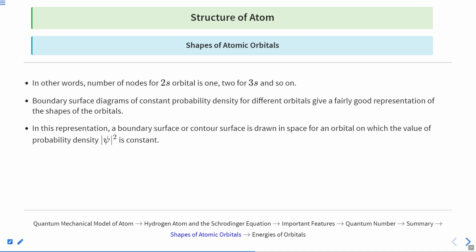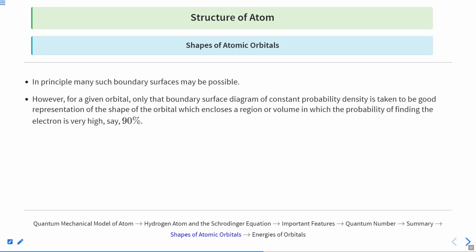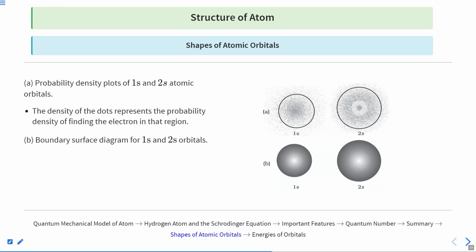Clear? Now, let us draw a boundary surface diagram for these orbitals. Here is the boundary surface diagram of 1s and 2s. These are just the plots of it. What is the meaning of this? If you take the measurements, you will find that electrons are not present at one point, but we are getting a density. Here the density is very high, so it forms a spherical shape.